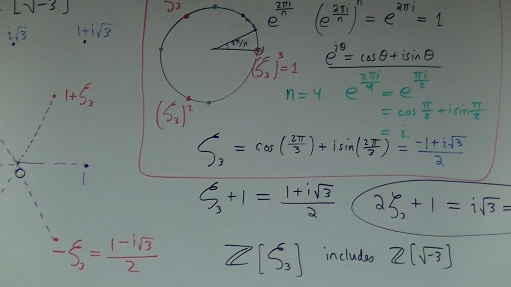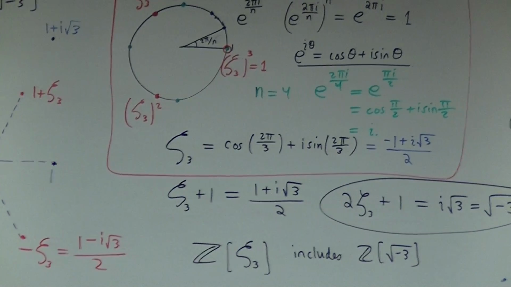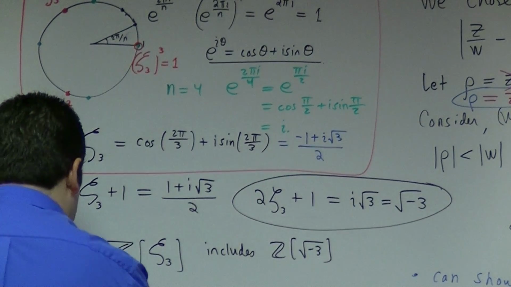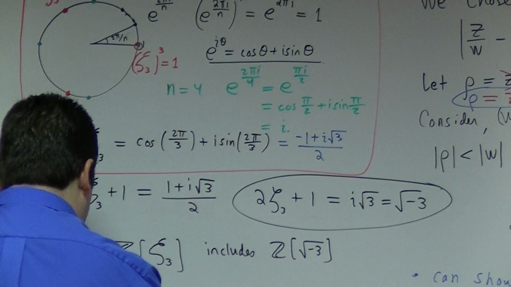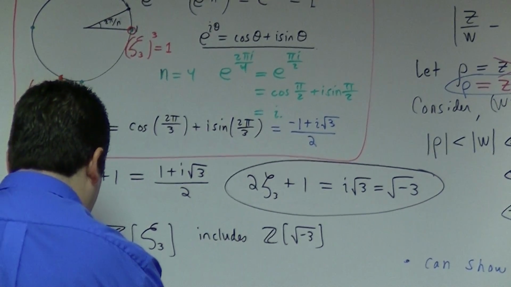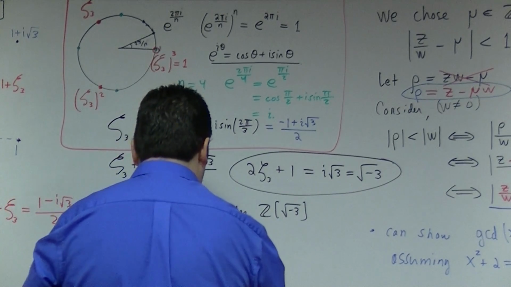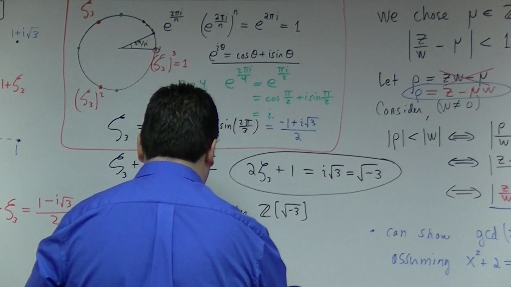You with me? Maybe. I don't know why they're interesting, but you can hear the words coming out of my mouth, I think. Great. So in this newfangled set, Z adjoin third root of unity, which would be A plus B times the third root of unity.